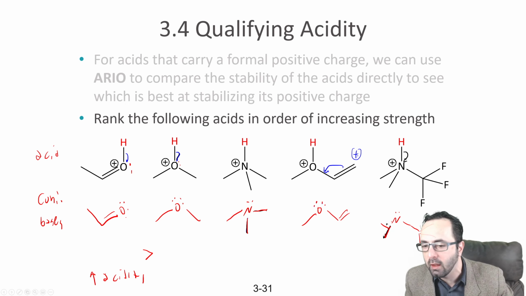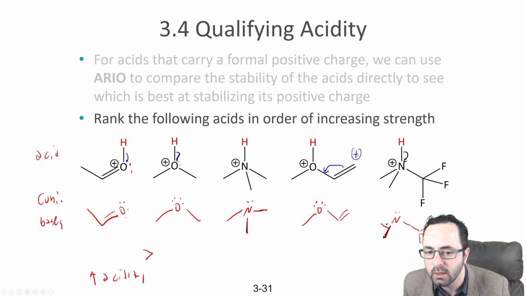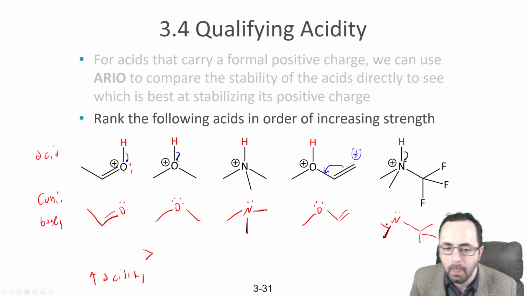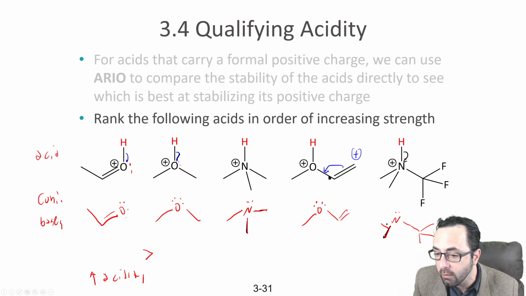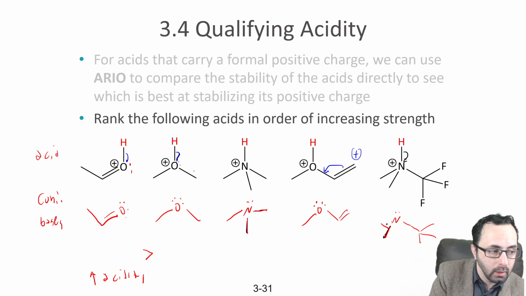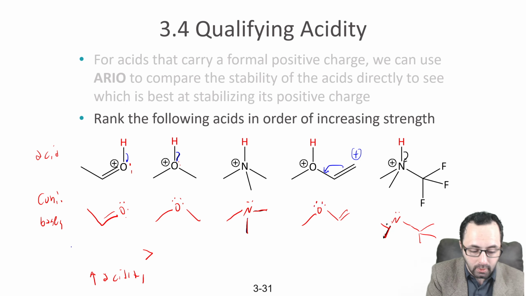It would have 3 bonds and no lone pairs. So there is some possibility for resonance there, right? In terms of this one here, there's not that possibility. Neither is there here. So this increases the stability of this ion due to resonance. And so this one here, being that it's oxygen, this one's going to be the most acidic.